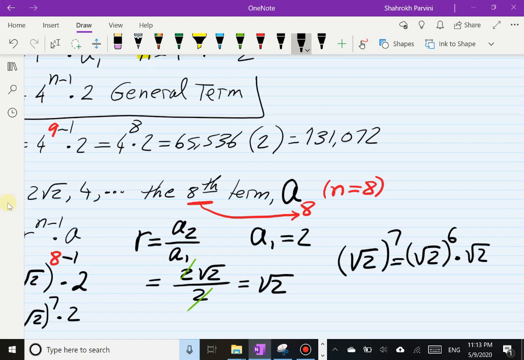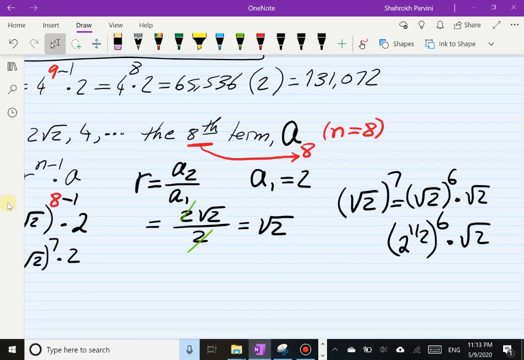Now, square root of 2, that's 2 to 1/2 as a rational exponent, times square root of 2. Using the power rule of exponents, I can now multiply 6 times 1/2, that's 2 cubed times root 2, and 2 cubed is 8. So there you have it. Root 2 to 7th power ends up being 8 root 2.